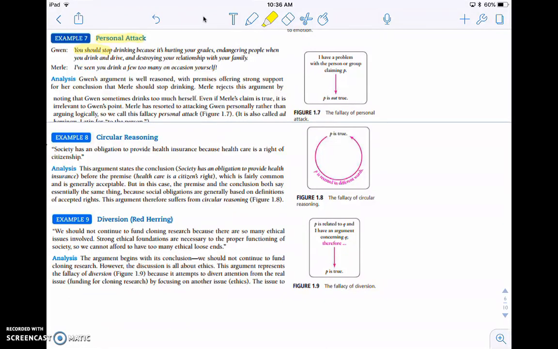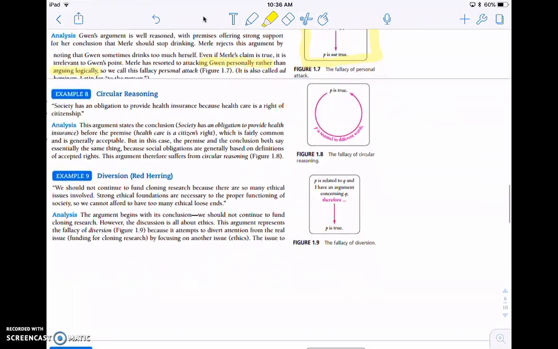What Meryl has done is resort to attacking Gwen personally rather than arguing logically. The little explanation here is: I have a problem with a person or a group that's making a certain claim, therefore that claim is not true. So they disregard the claim in a lot of cases and go right after the individual or group and don't address what has been mentioned in the argument to begin with.